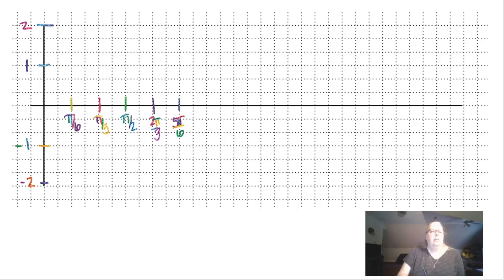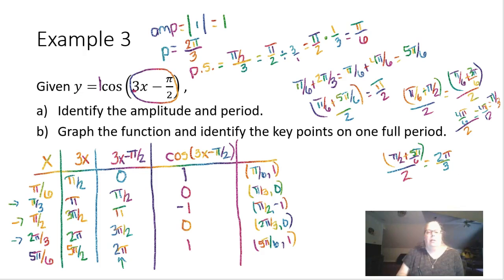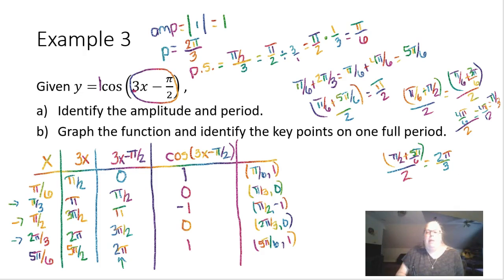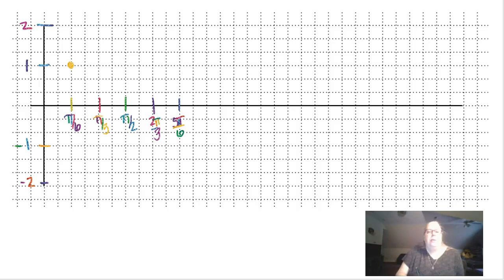All right, let's see what we're graphing. Pi over 6, we want to be at positive 1. That'll be right here. At pi over 3, we want to be down at 0. It's going to be right here.